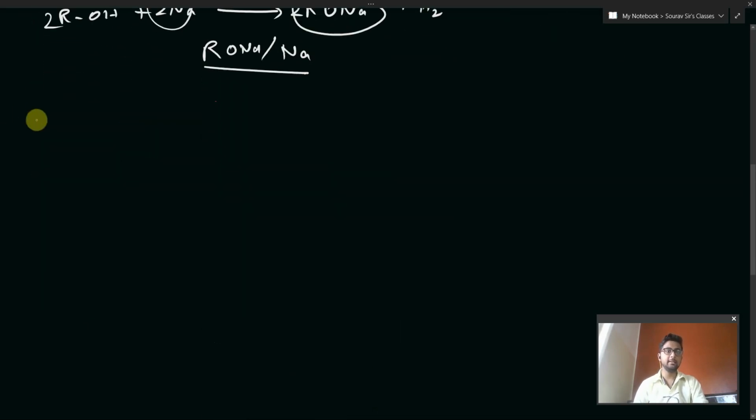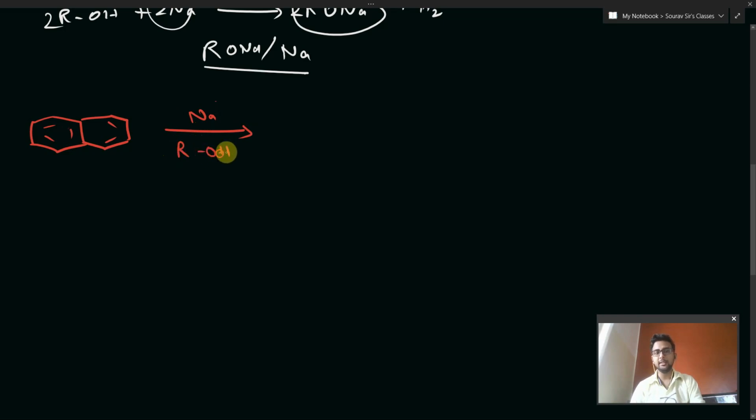Let us say we have our naphthalene over here, and the double bonds are there as they are. We give sodium and our alcohol, which is basically amyl alcohol. I am just writing ROH for simplicity. You can take any type of alcohol, be it isoamyl alcohol, tertiary butyl alcohol, or simply ethanol. The Birch reduction can be performed with any sort of alcohol.